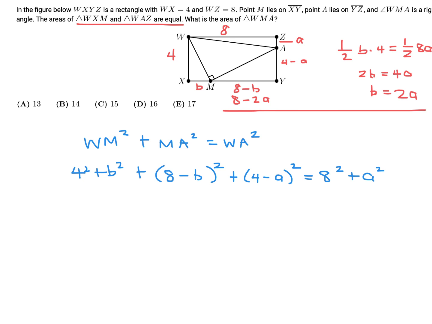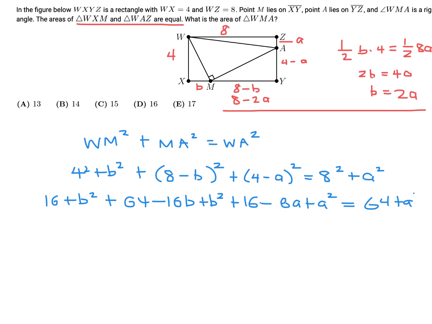Okay, so then expanding this all out, and I'm tempted to have you guys do it, but I guess I'll just do it. 16 plus B squared, equals 64 minus 16B plus B squared plus 16 minus 8A plus A squared, plus 64 plus A squared. Okay, you guys know this story, right?